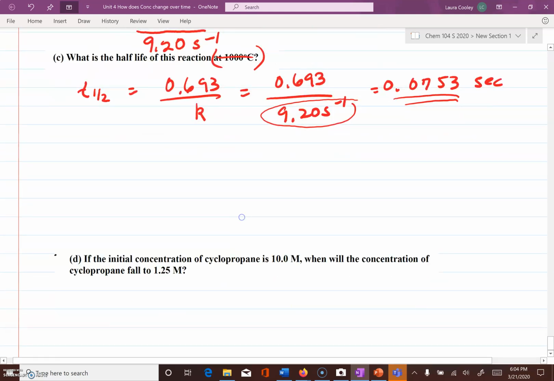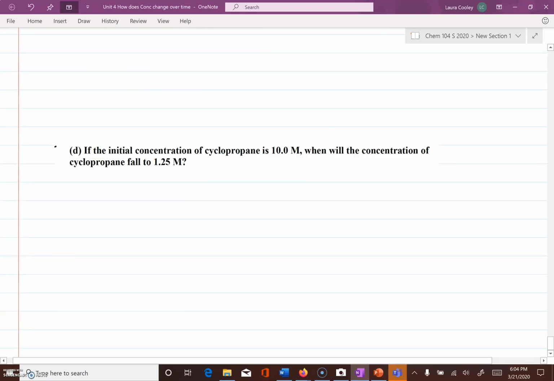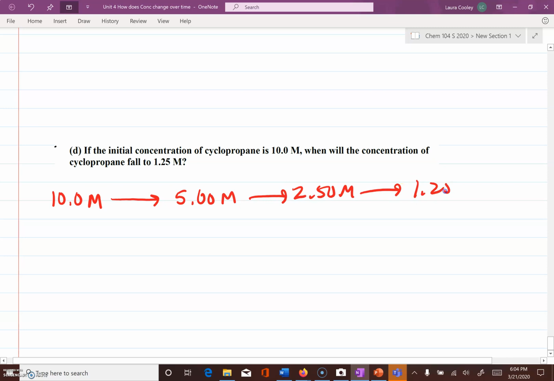And then finally, part D, if the initial concentration is 10 molar, when will the concentration fall to 1.25? And here is a case where you can have everything. So what I'm doing here is I divide this by 2, then I divide it by 2 again. And each time, the time that elapses is a half-life.